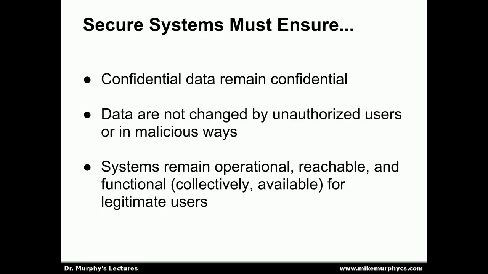And the systems must remain operational, reachable, and functional, or collectively we say available for legitimate users. So availability, we're concerned about the system being up and running, being accessible, and functioning correctly for the users who are authorized to use that system.